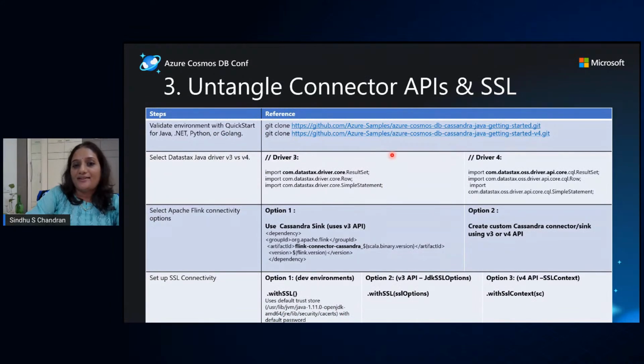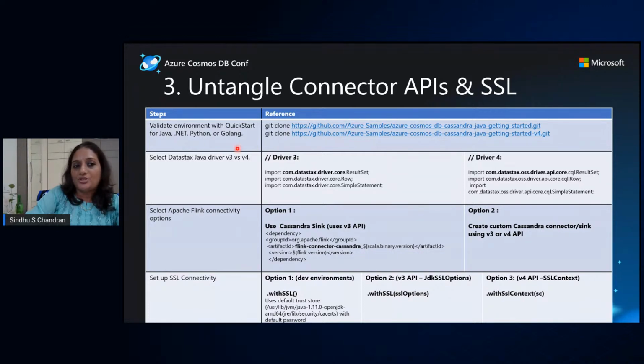Okay, and this is where I think as a developer, you would probably spend some time, because there are some differences here, and some changes might be needed to your code to make sure things work seamlessly. But very nicely, we have a lot of examples available already. So the first thing I would do is take one of the sample applications which are provided to validate your connectivity in the Azure environment.